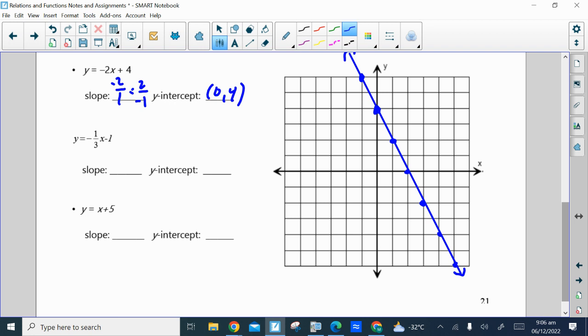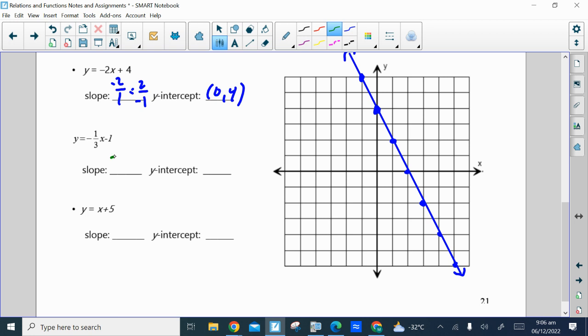All done, Beckham? What's the slope, Beckham? Except there's a negative sign in front. So how would you write the slope of this one? Well, then you're saying they're both negative, and that's not right either.